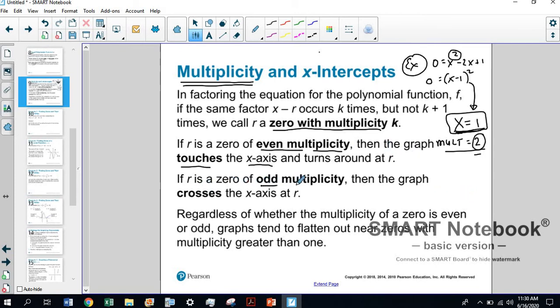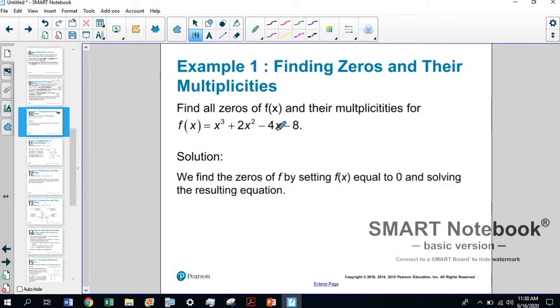If the zero has odd multiplicity, which includes a multiplicity of 1, that's not really multiplicity at all, then the graph crosses the x-axis. So you can tell whether it comes down, touches, and turns around, versus if it comes down and then goes through the x-axis. Okay? That's what we're talking about. So let's look at a picture of what's happening here.